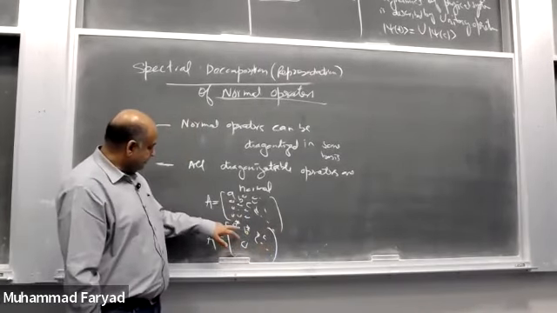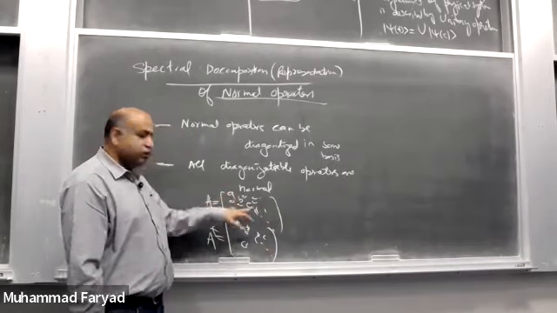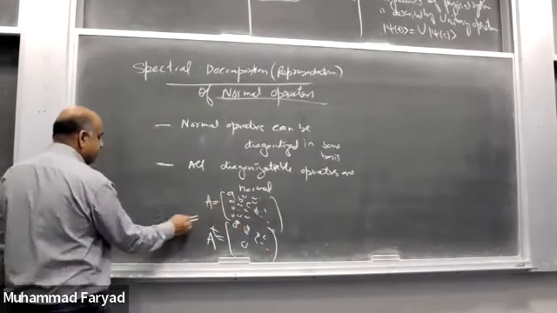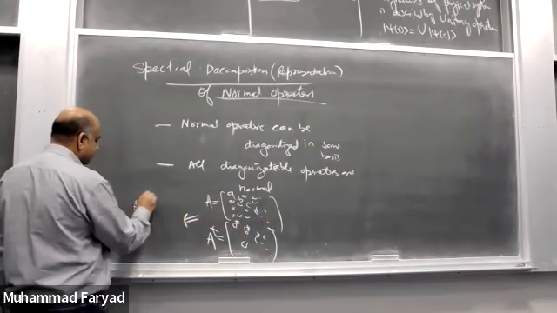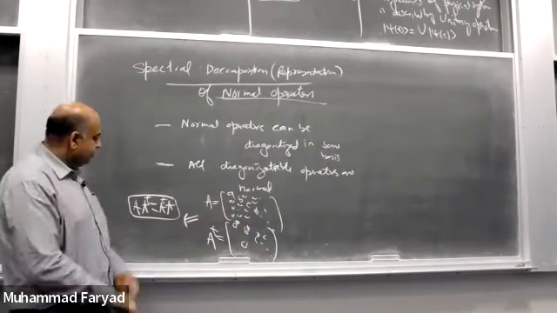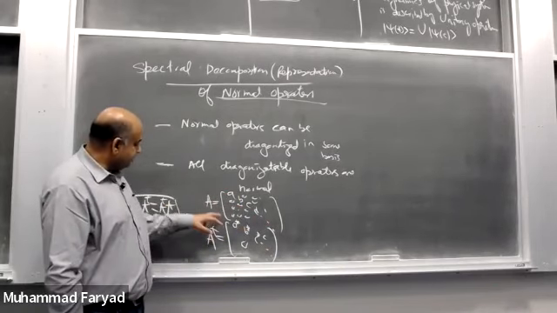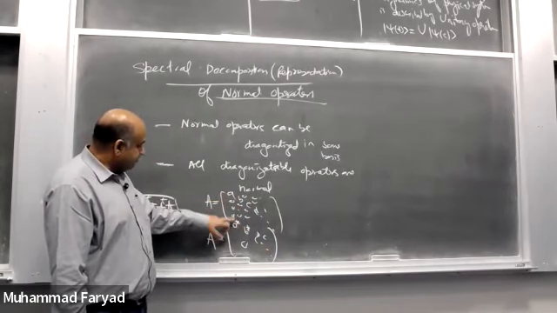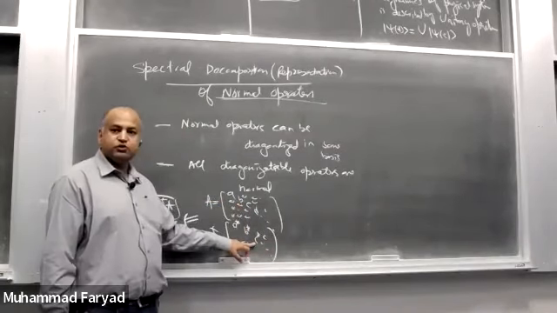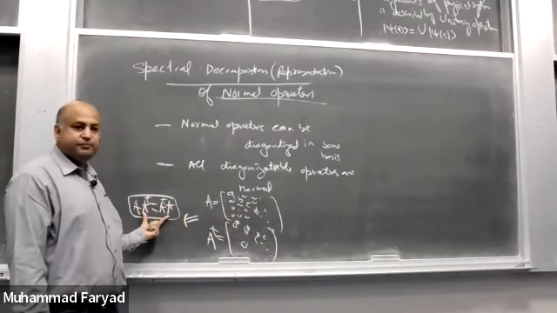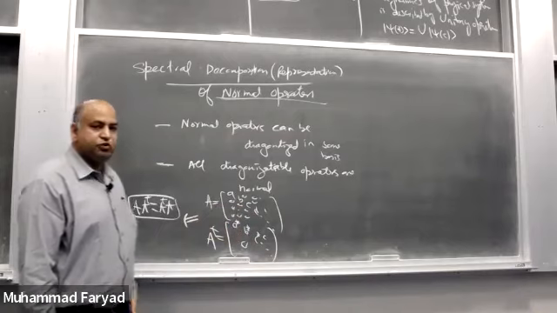Because when you take transpose, since you have elements only on the diagonal, and since this implies that a dagger is a dagger, we can easily check. आप इसको इधर रख के मल्टीप्लाई करें, उधर रख के करें, जो रिजल्टिंग मैट्रिक्स है उसके डायगोनल पे आ जाएगा a mod square, b mod square, c mod square, and so on. So if they are diagonal, they are normal operators. The converse, you can check the proof there.